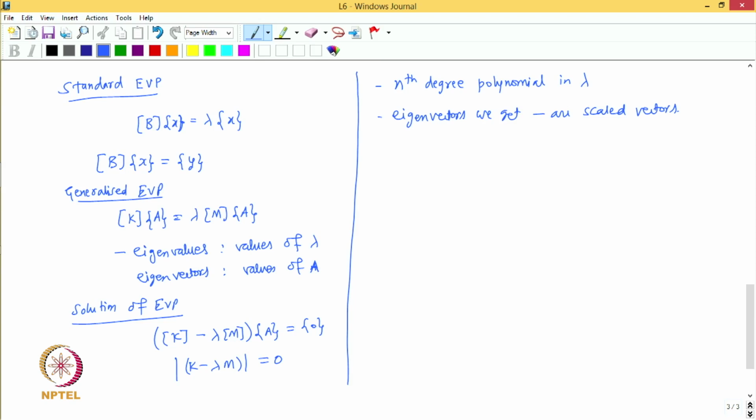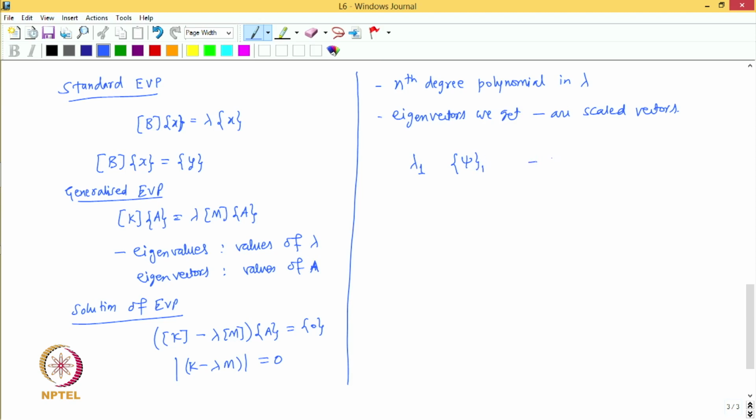Now, what do these eigenvalues and eigenvectors represent, and how are they related to the vibration of the system? So let us take the case of our 2 degree of freedom system, we will have eigenvalue lambda 1, and let us say the eigenvector is represented by psi 1, right.